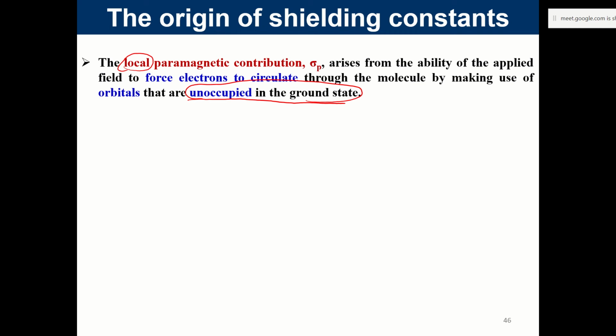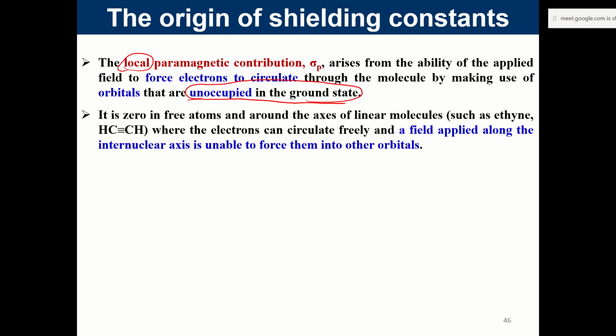You can talk in terms of wave functions: there is mixing of the two wave functions if the energy gap between HOMO and LUMO is small. So we will see where these cases arise.